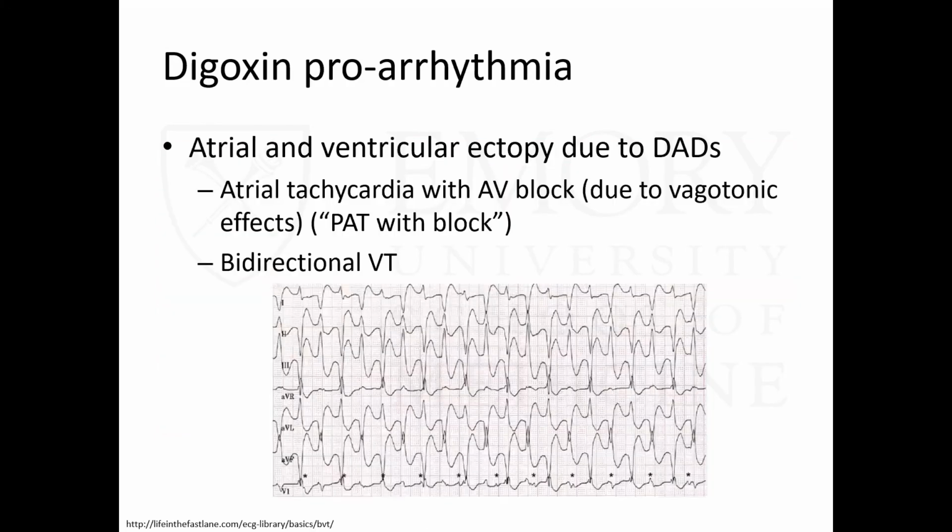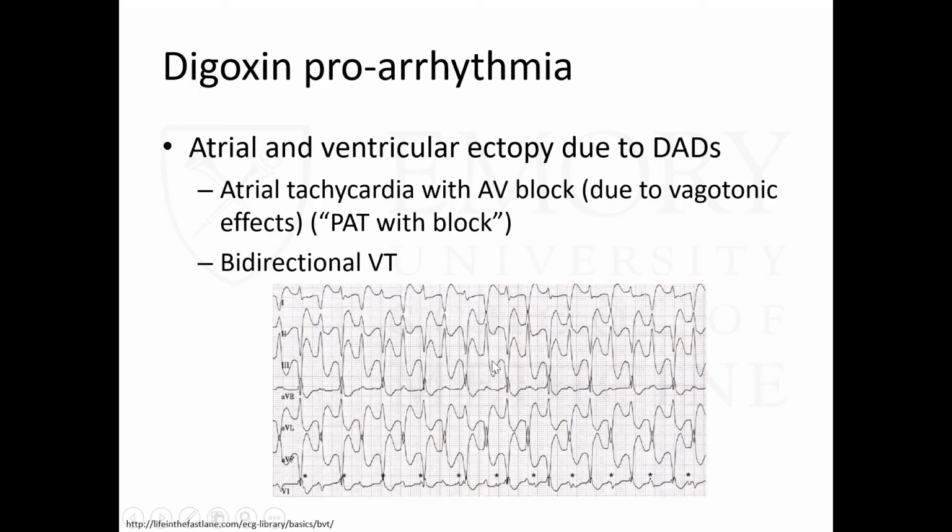The proarrhythmic effects that go along with digoxin, if you do end up dig toxic, are all due to delayed afterdepolarizations because of buildup of calcium inside the cell. Classically, the two forms of arrhythmia that you can get are atrial tachycardias, sometimes atrial tachycardias with AV block. Digoxin can cause both AV block and also the atrial tachycardia. And then more classically, but rarely, you can have bidirectional VT, and that's what this looks like.